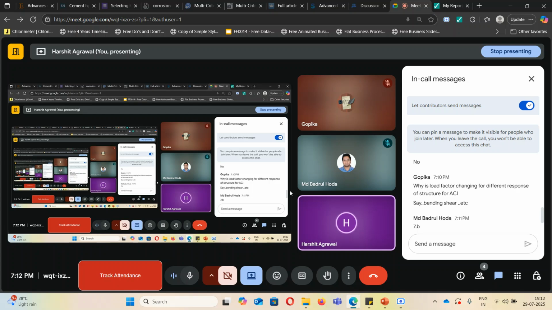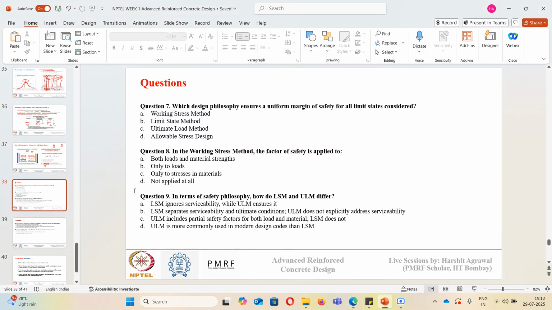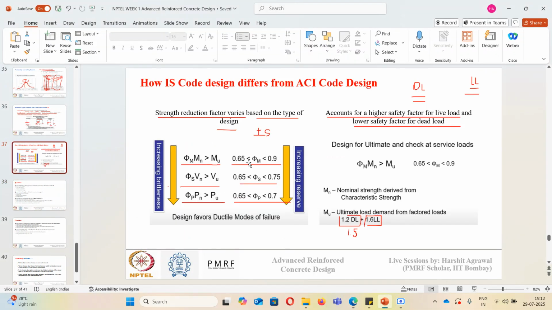Similar thinking might have been there for the strength factor also. If you see the range, they think that more safety factors are required in shear and axial design rather than in flexure design. So that's why they have defined different sets, different ranges.